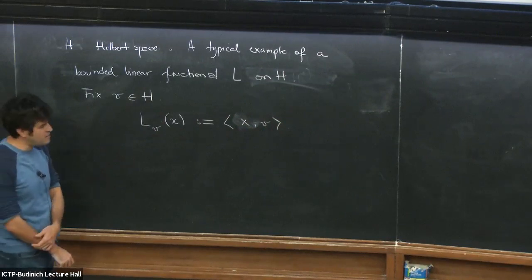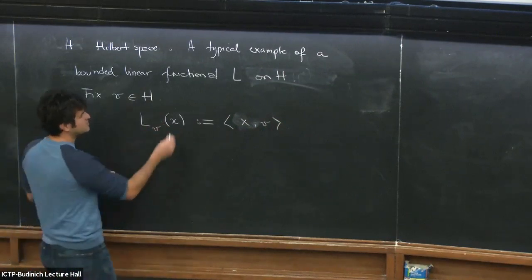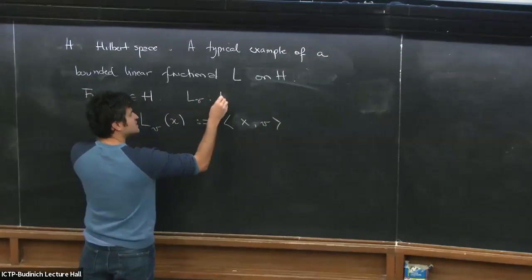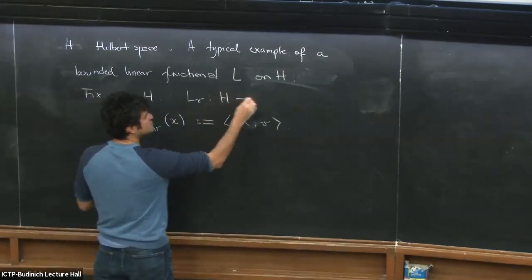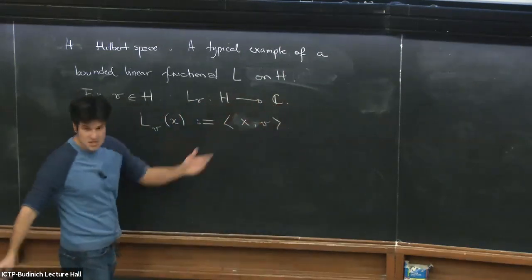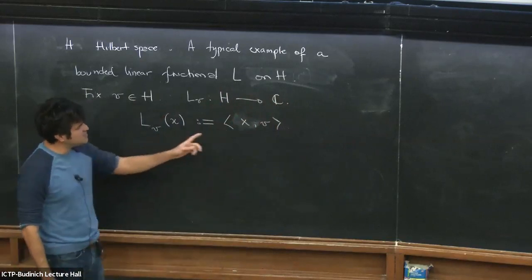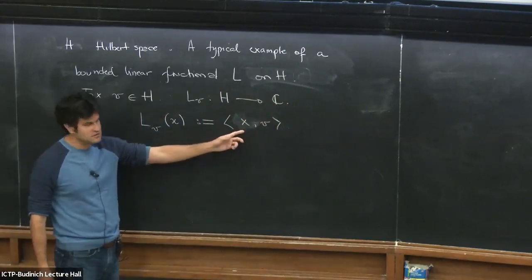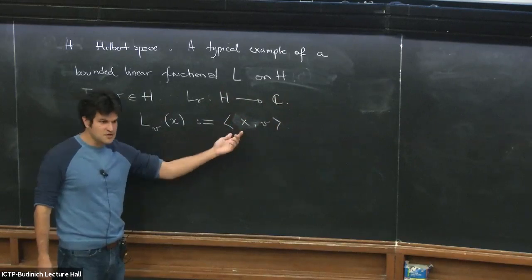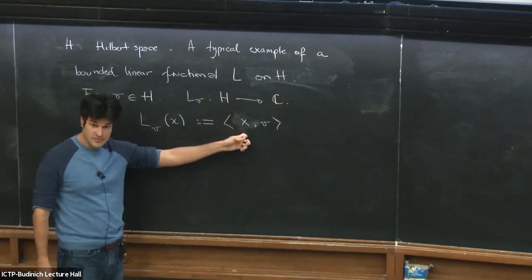This is a map LV that sends elements in H into your field of scalars, C. This is obviously linear. I'm putting X in the first coordinate, so because the inner product is linear in each of the entries, this is linear in X.